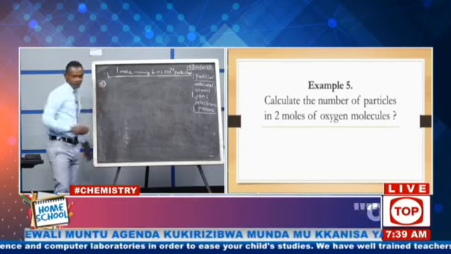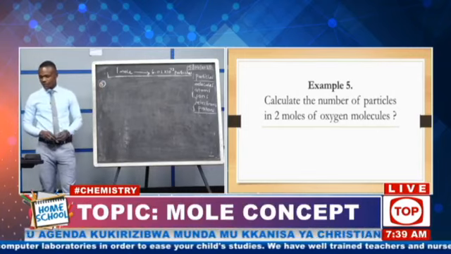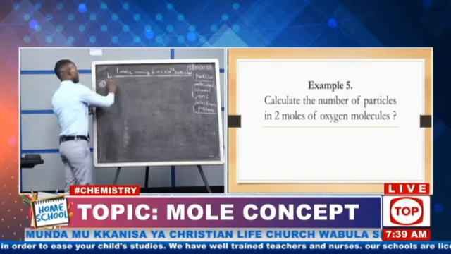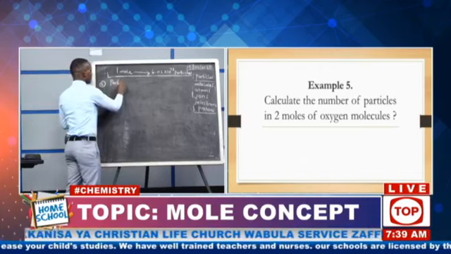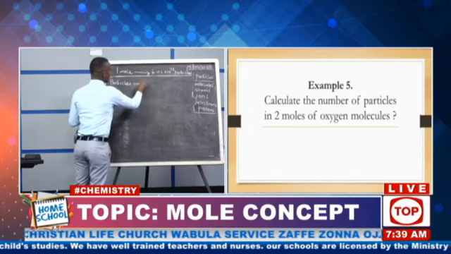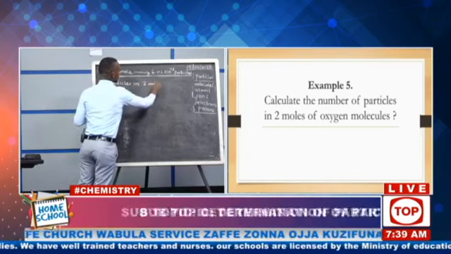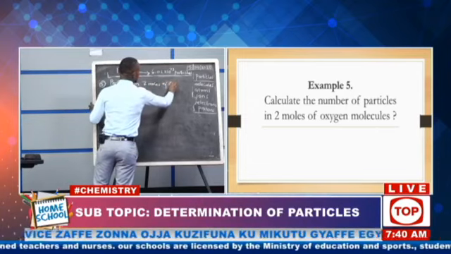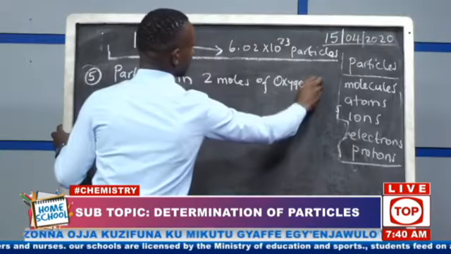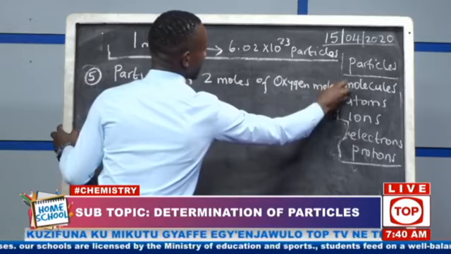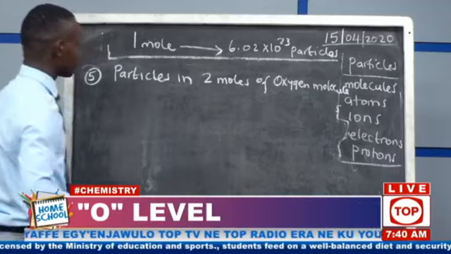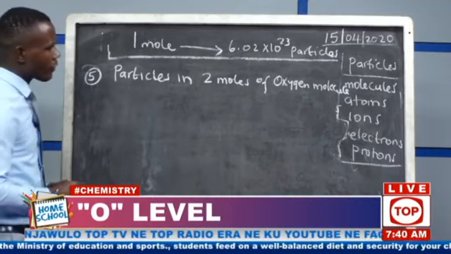Let us look at example 5, which is saying calculate the number of particles in 2 moles of oxygen molecule. So what do we need to know here first?